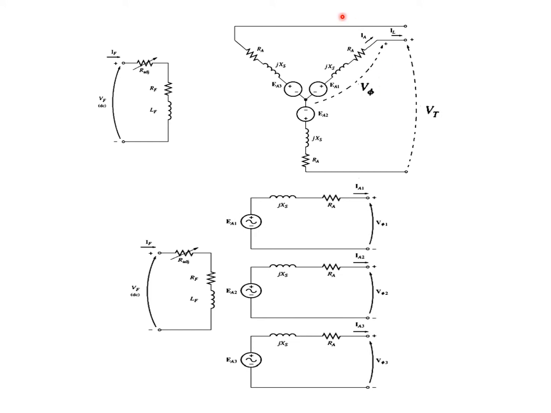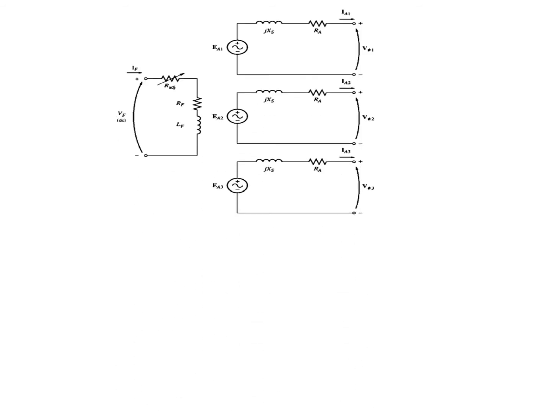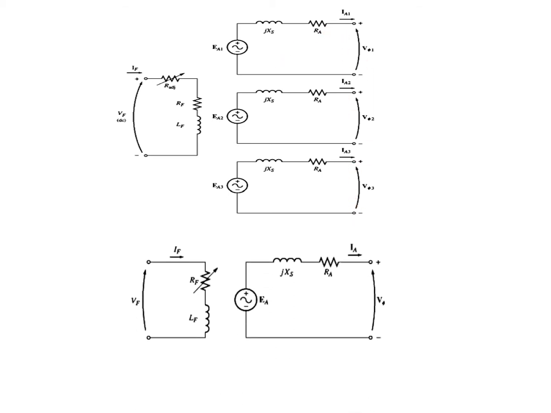Now this portion can also be represented by three separate circuits, one for each phase. And for all practical purposes, because they are balanced, everything is the same, so we just take one circuit. One of the circuits we solve, and then that is applicable to all three circuits.